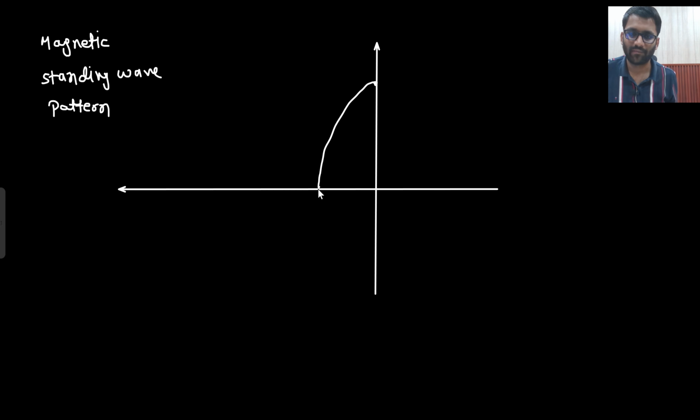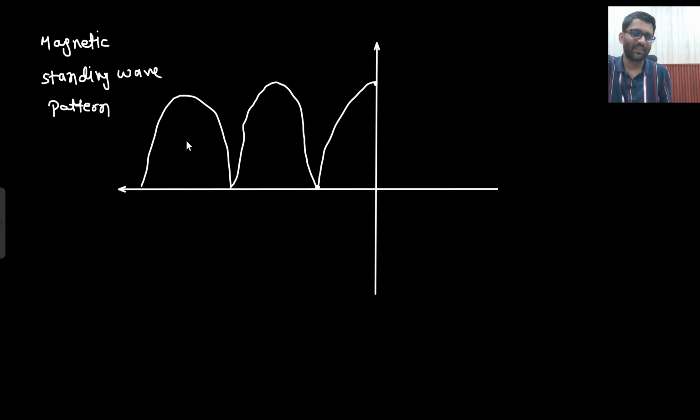You just consider I made it like this only. I drew it from here because it was tough to draw it like that. These amplitudes are also the same; they are not decreasing. That is 2E0 by eta.